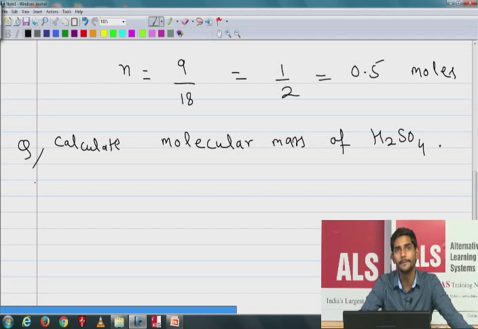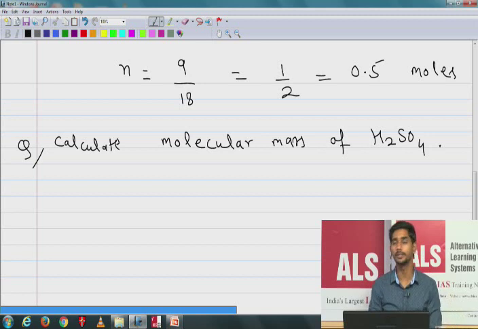Do you know the method? If no, please let me know so that I can explain it to you, because in the next questions I won't give you the molecular mass. You have to calculate it yourself.